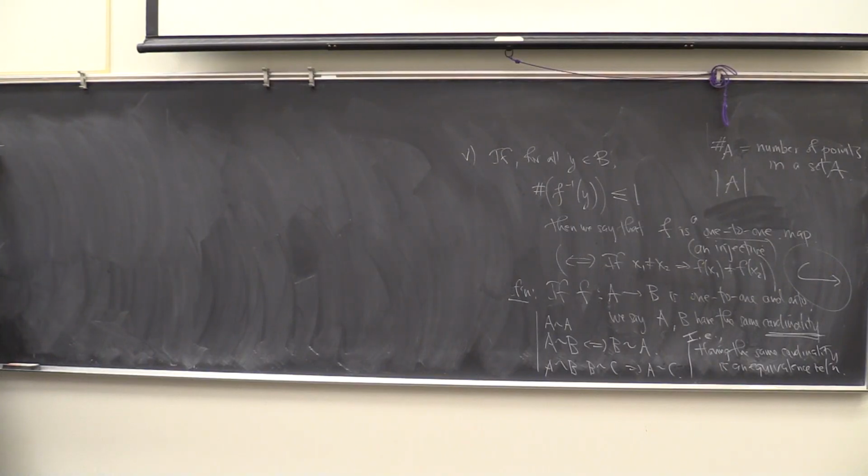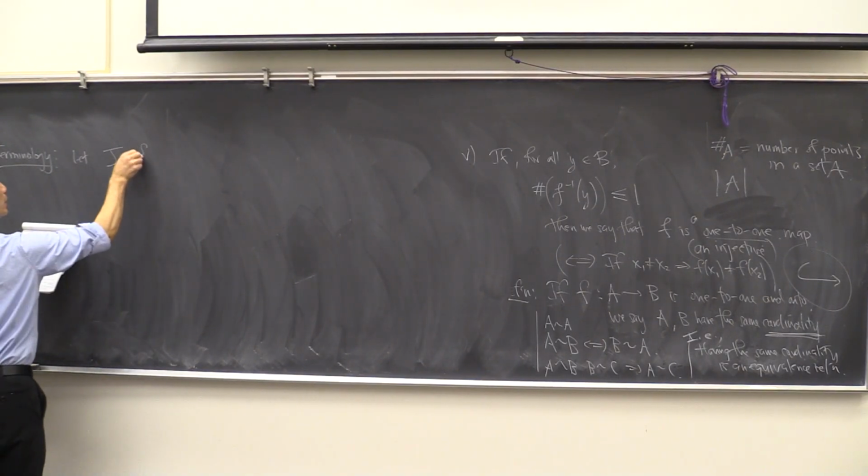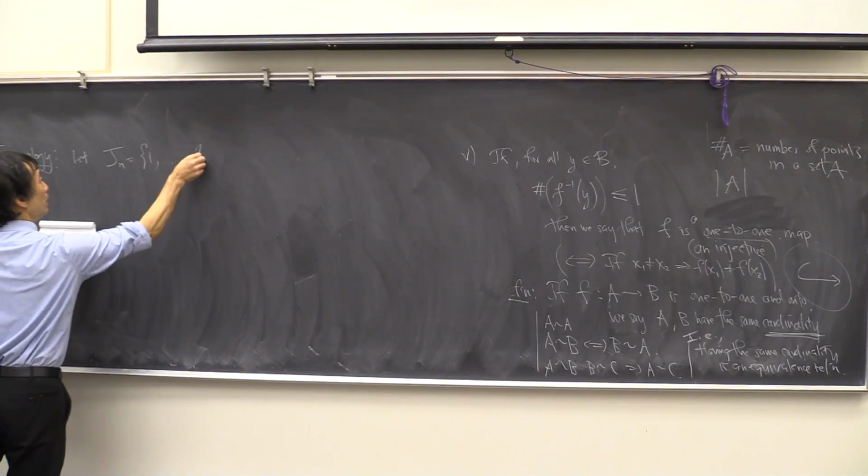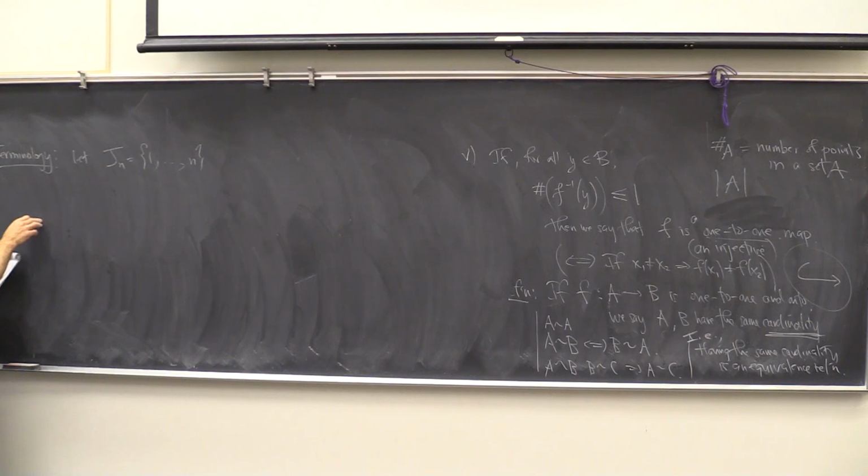Okay, some terminology. Let J sub n denote the natural numbers from 1 to n. One, for the moment I'm going to use this symbol to indicate has the same cardinality. That will probably change later.